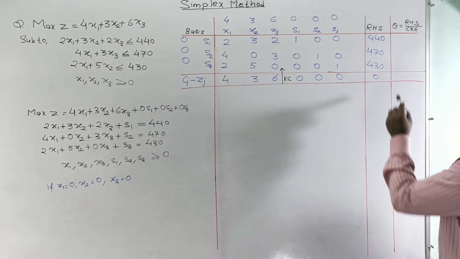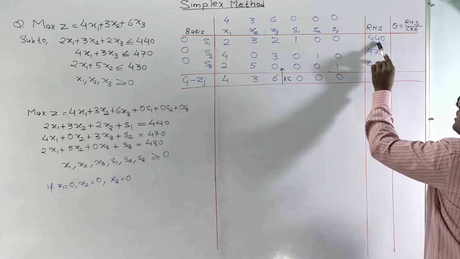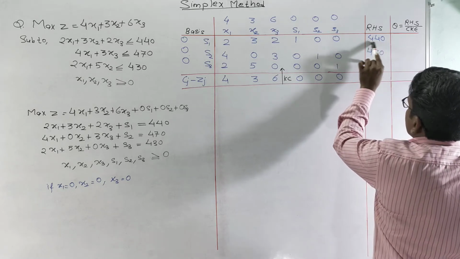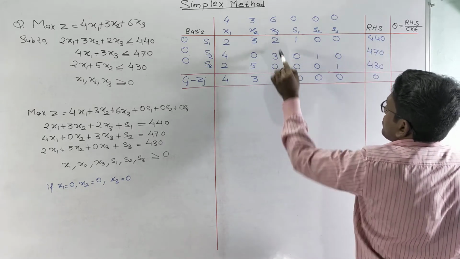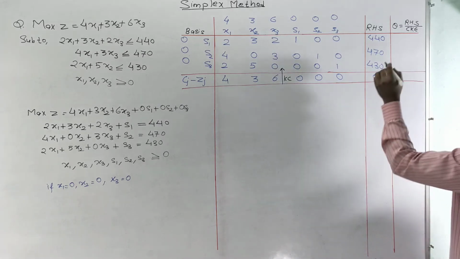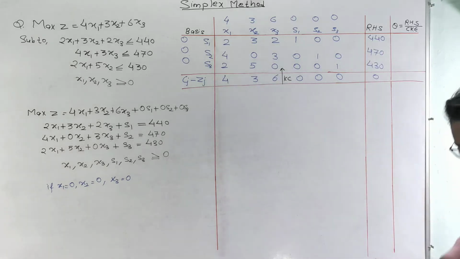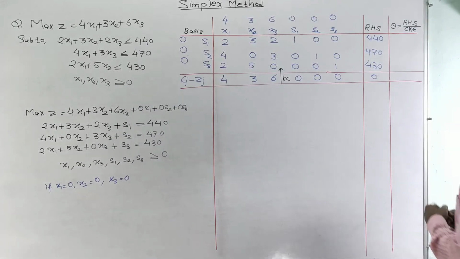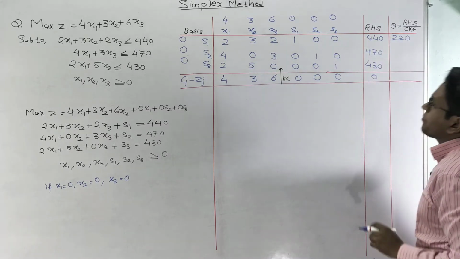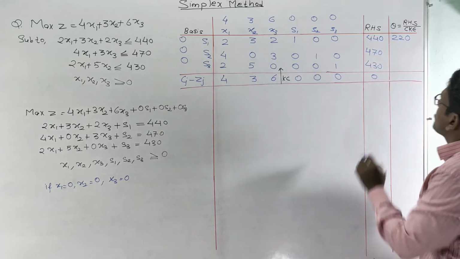That means the right hand side value of the first constraint is 440 divided by the corresponding value in the key column, which is 2. So 440 divided by 2 is 220. Similarly for 470, this will be 470 by 3.